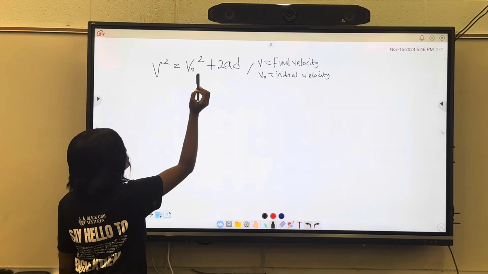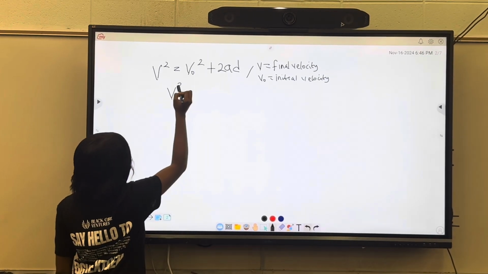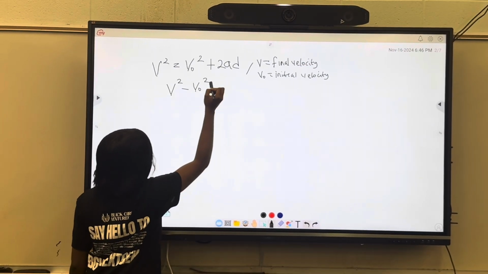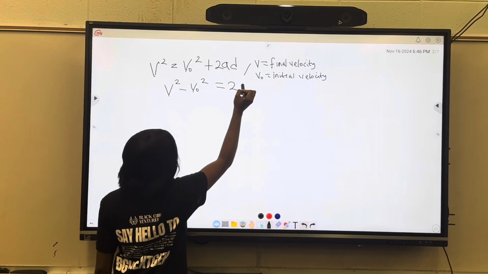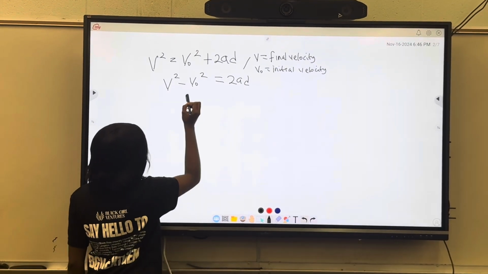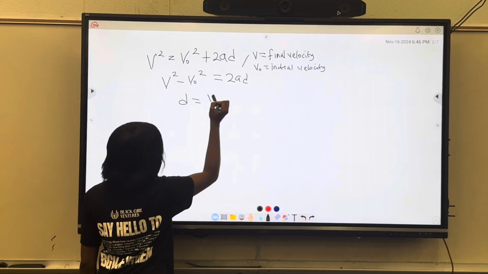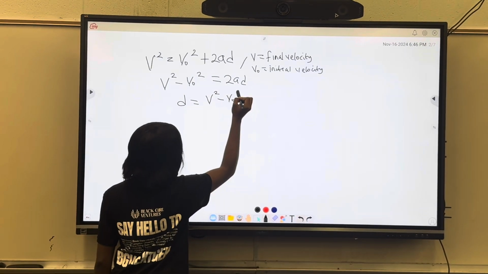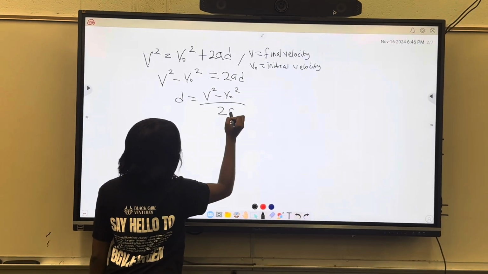So using this, we can make the distance the subject of the formula. So making D the subject, we have v squared minus v naught squared equals 2AD, where distance now would be v squared minus v naught squared over 2A.